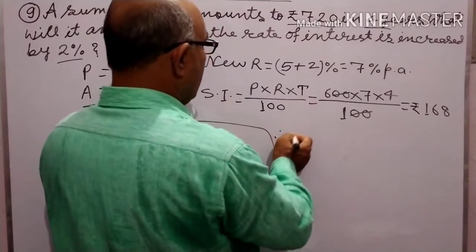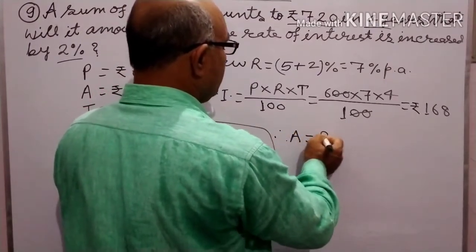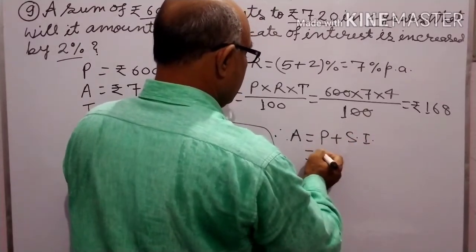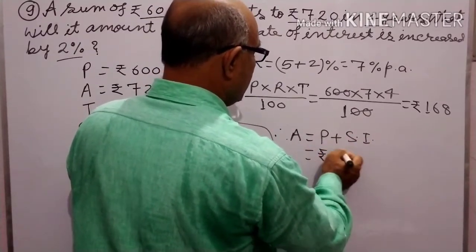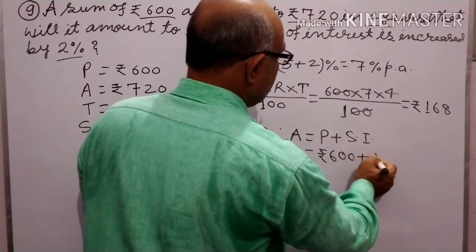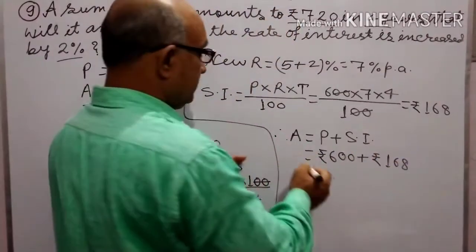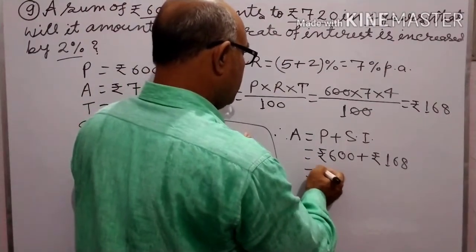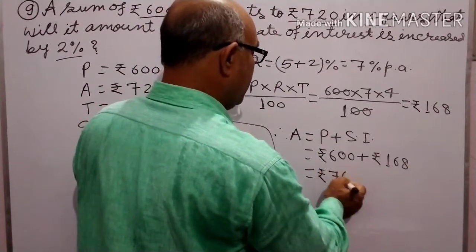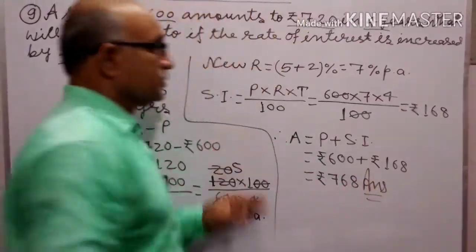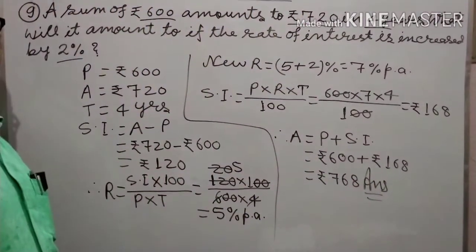Now find new amount, A equal to P plus SI equal to rupees 600 plus rupees 168 equal to rupees 768. Answer of this question, right?